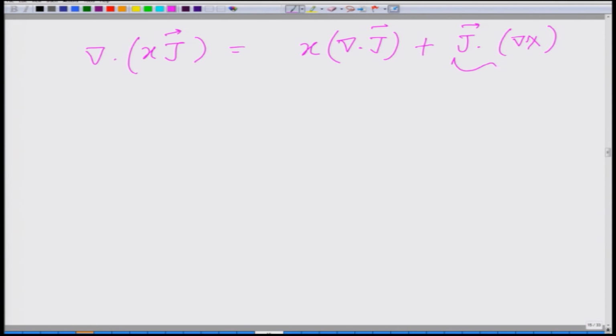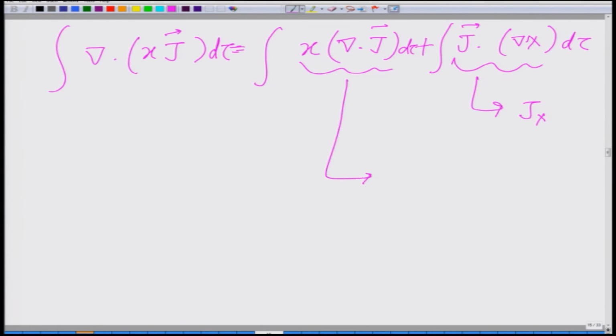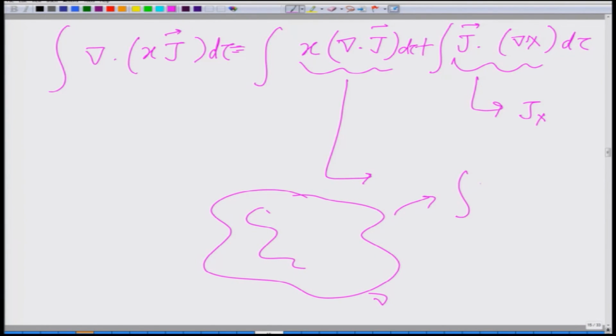Now when you solve this, you will find out Jx, and if I take the volume integral, this will give me a surface integral, and as the charge is confined within the volume, say nu, I know that the integral of J dot ds, where s is the surface, would be 0.